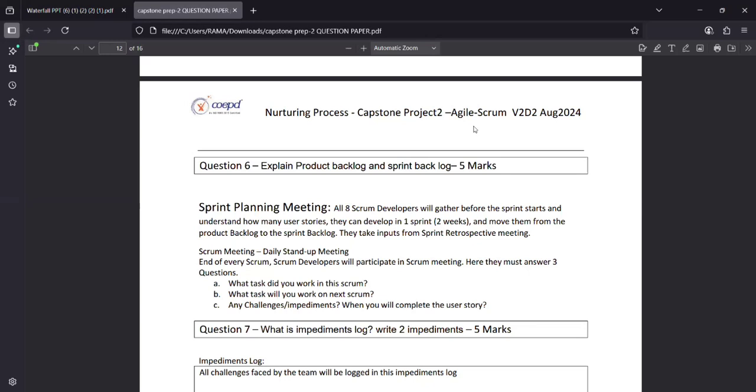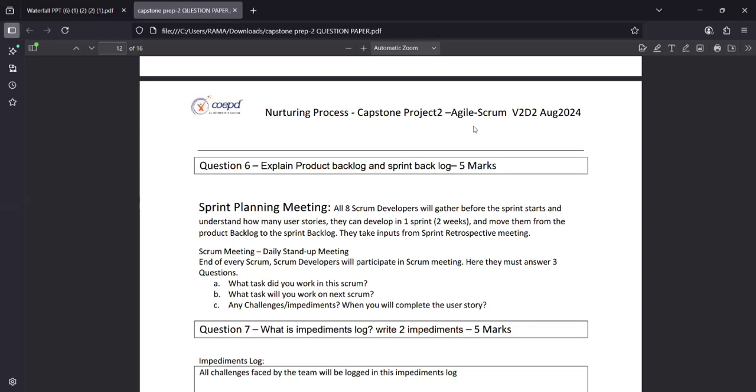When it comes to the sprint backlog, suppose we want to start sprint one. For sprint one, from those 40 stories, the team has decided to deliver 10 features.